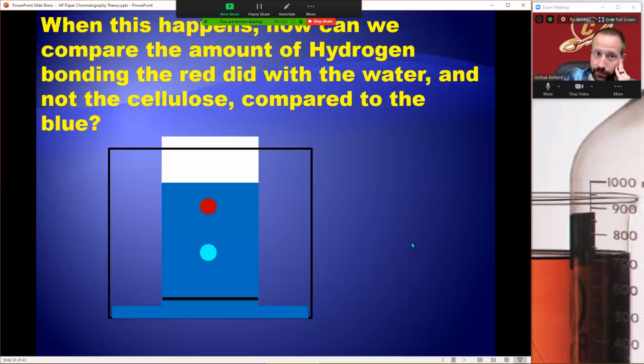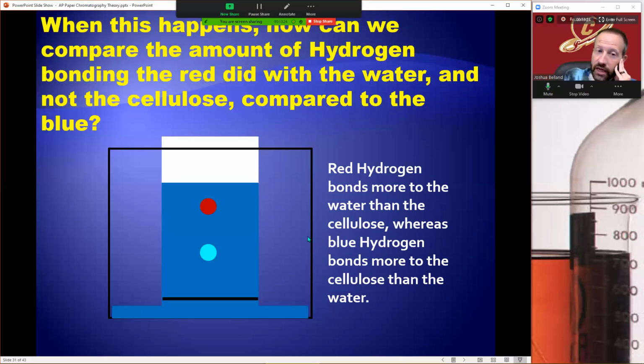So what do we know? We know in this case that the red is going to bond better to the water because it moved the most as the water moved. The blue is going to bond better to the paper because it stayed where it was more as the water moved. I hope that makes sense. They're both going to form hydrogen bonds.